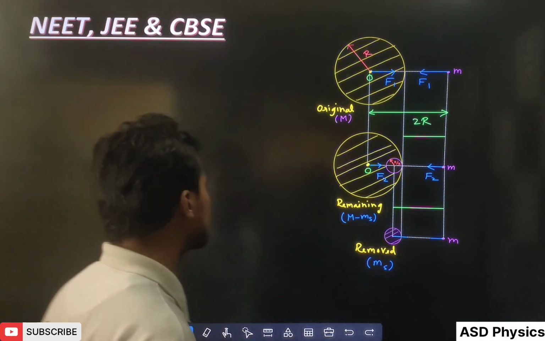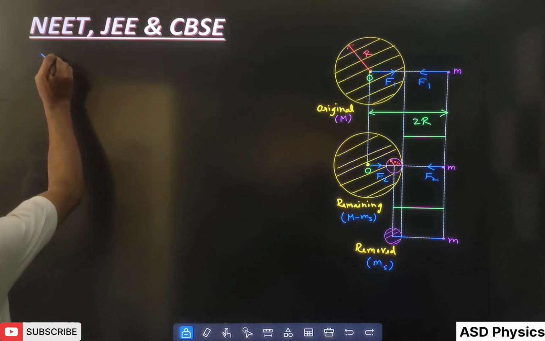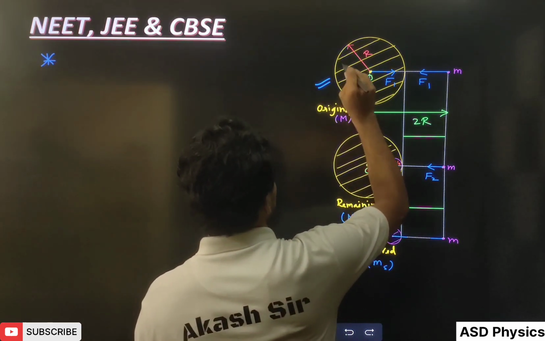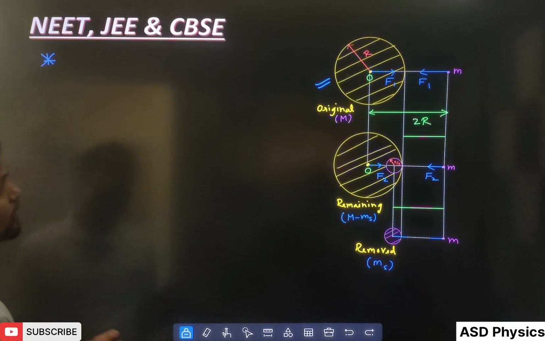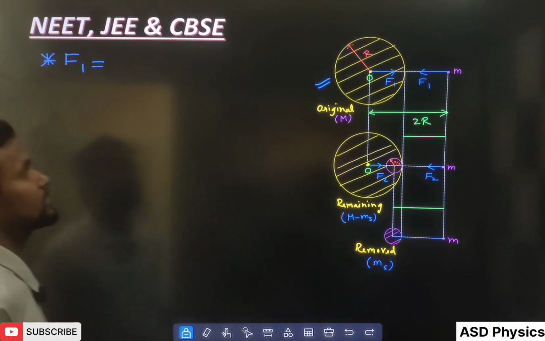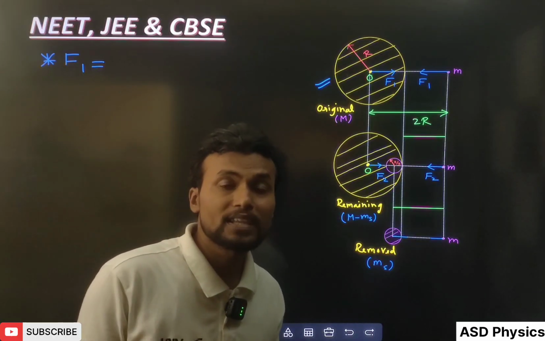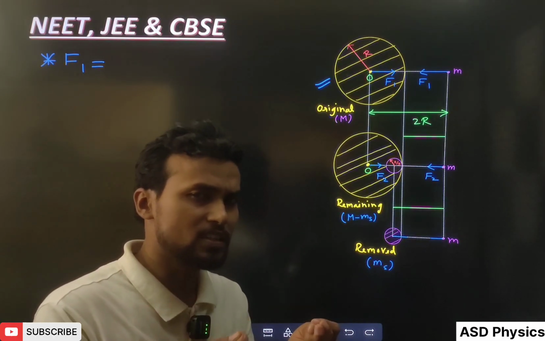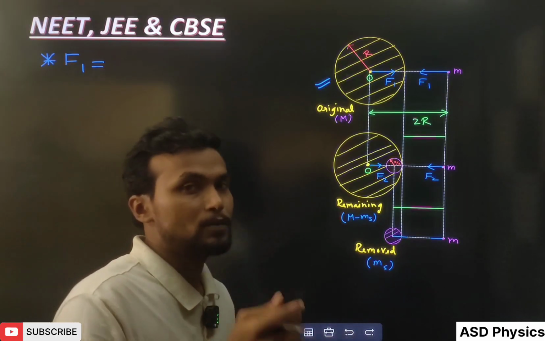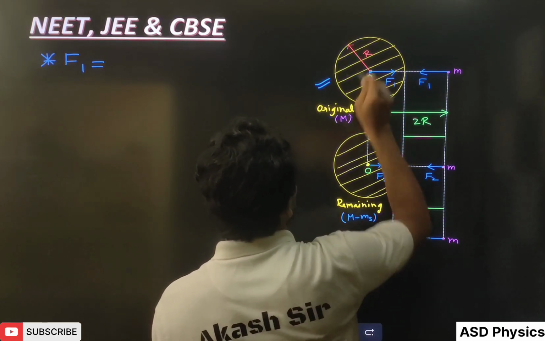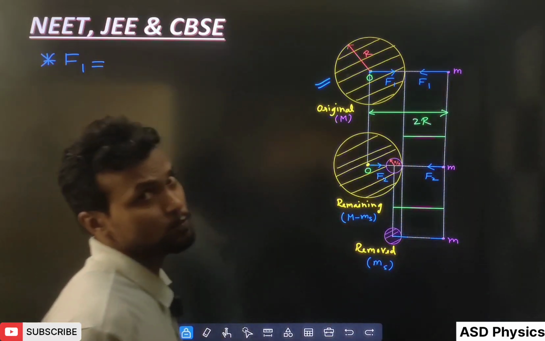But how to solve this? We will use the principle of superposition. First, we use the original sphere. The force between the original sphere and the point mass is F1. Newton's law of gravitation is applicable for point masses or spherical bodies, hollow or solid. So the total mass of the sphere can be concentrated at the center, and the point mass small m is here.